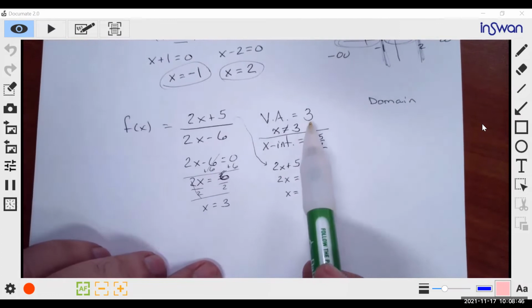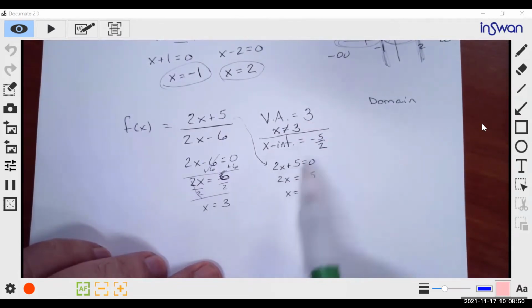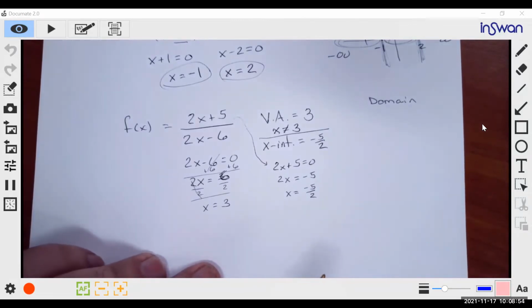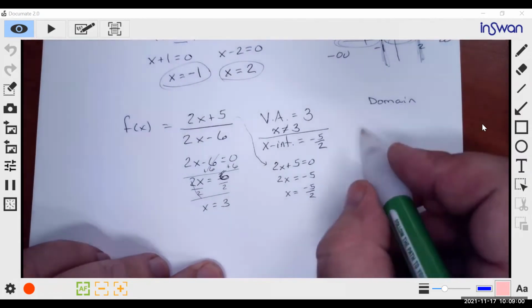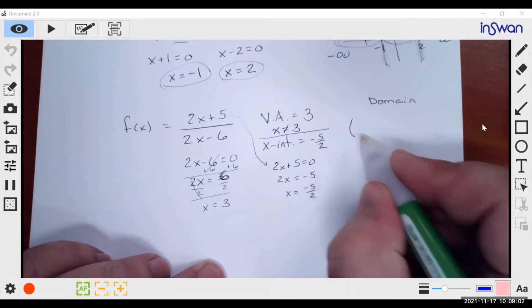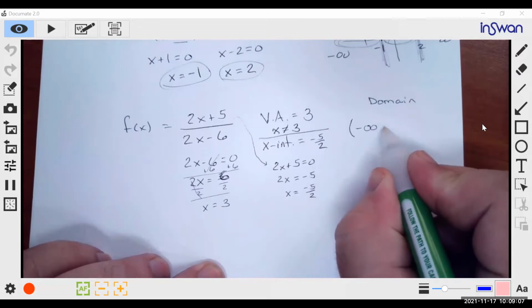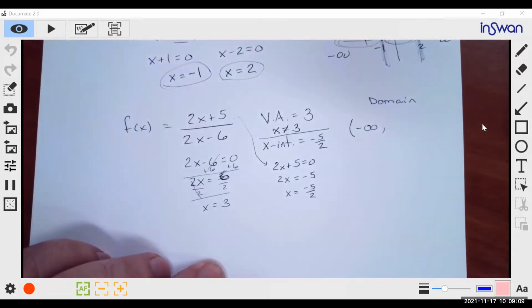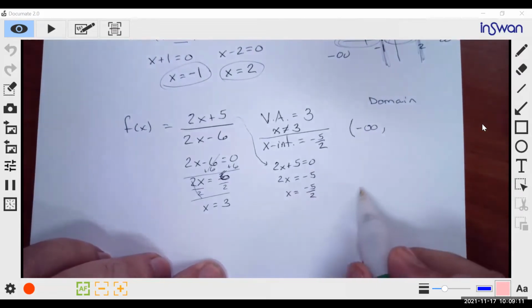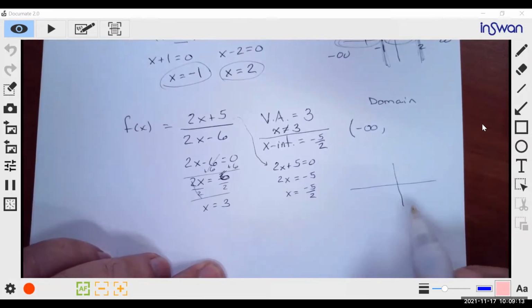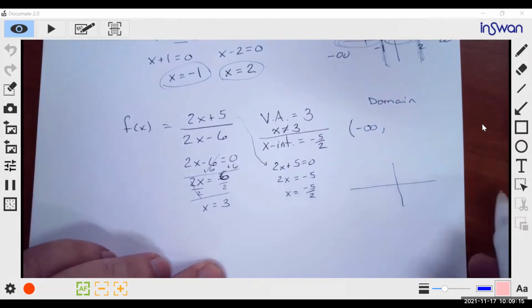So we get vertical asymptote equals 3, and x-intercept is negative 5/2. Did we get that? So what is my domain? Just look at a graph. What's the only value on the x-axis I cannot use?